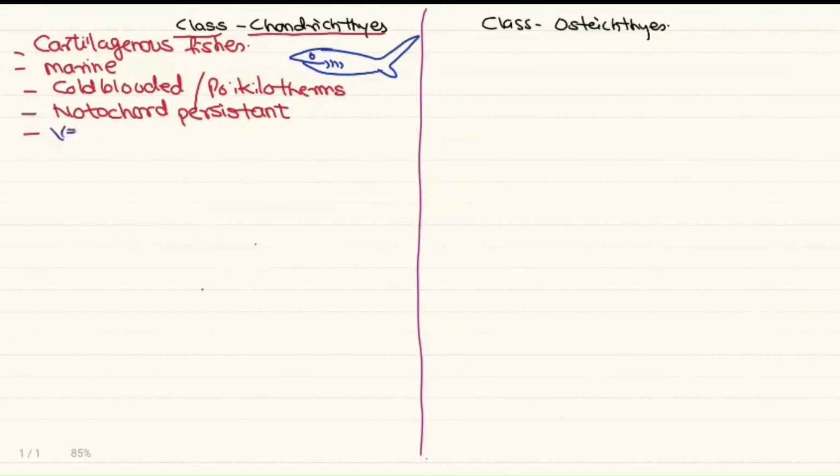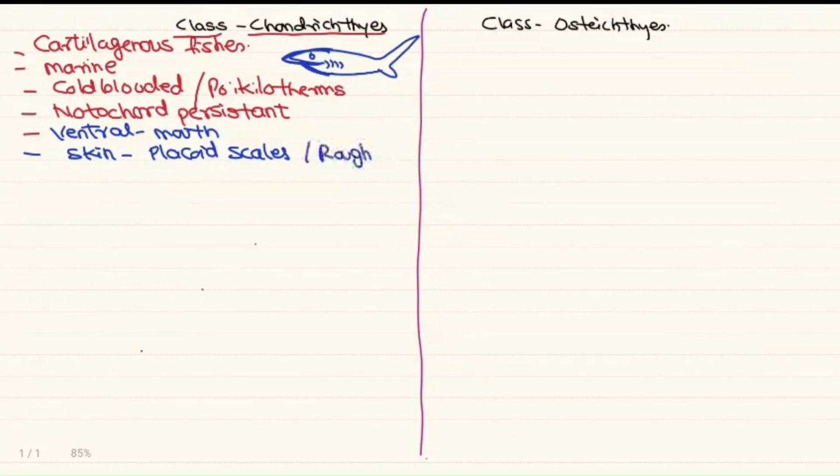Let's see the characters. You can see the mouth is present on the ventral side. A wide opening of the mouth is present. This is on the ventral side in the case of the sharks. The skin is covered by placoid scales. These placoid scales are small plate-like scales and this makes the skin rough. But these are not completely visible.